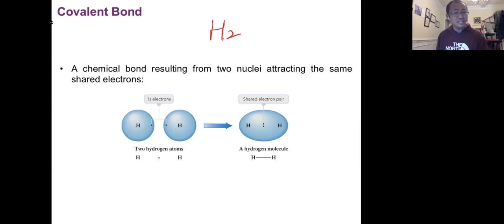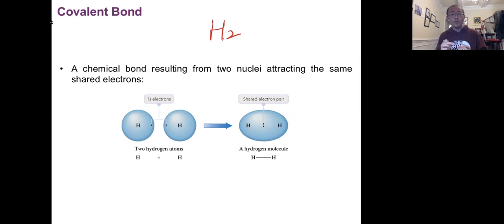Hydrogen exists in nature as H2 because each hydrogen atom only has one valence electron. In order for hydrogen to satisfy the octet rule, again, for hydrogen the octet rule is 2, because the noble gas configuration for hydrogen is helium. Helium only has 2 valence electrons.